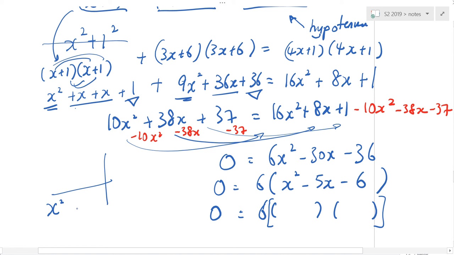X squared, what do I write next? Minus 5x. This is x and x. How do I get negative 6?